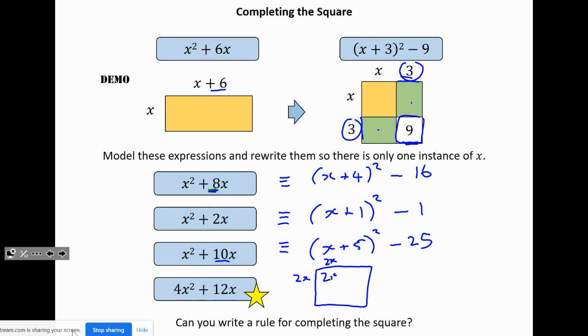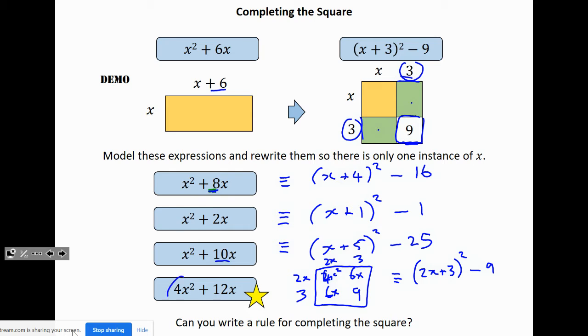We want 4x squared there, but we want 12x altogether. So we do want 6x here and 6x here, but that means we want 3 here and 3 here. So what we end up with being identical to is 2x plus 3 squared. But then we have a plus 9 here that we want to get rid of. So we have that 9.